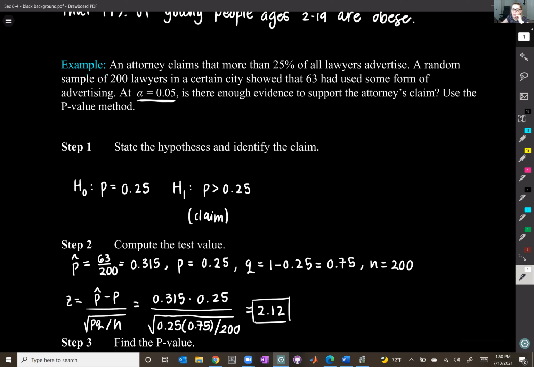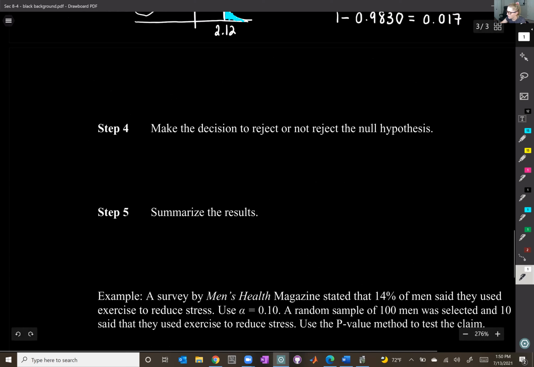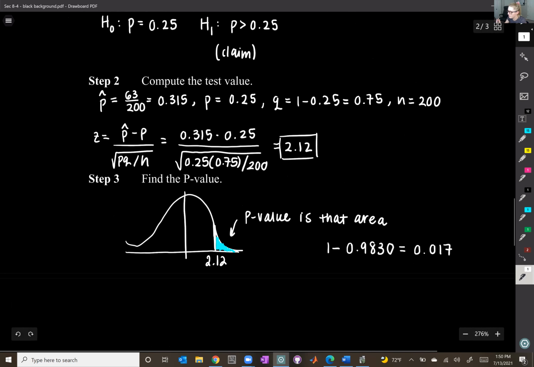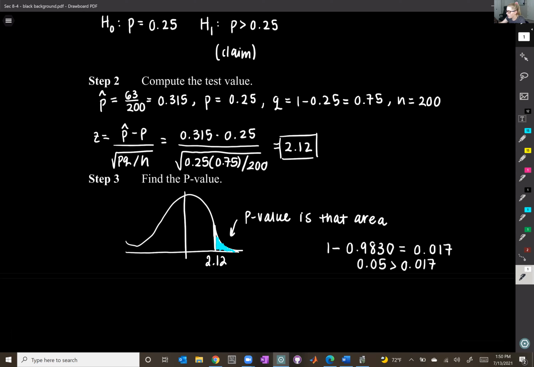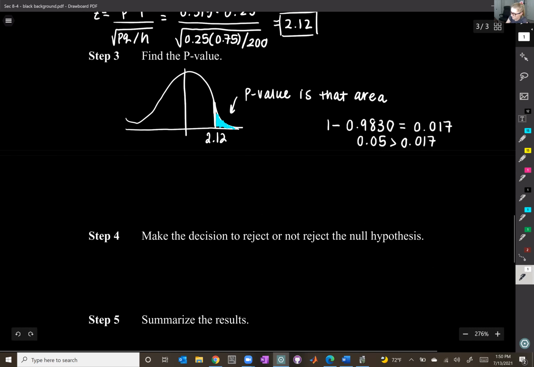And if p is greater than 0.05, then we're not going to be able to reject the null. So our p-value is 0.017, and our significance level was 0.05. Well, our p-value is definitely less than that. So we are able to reject the null.